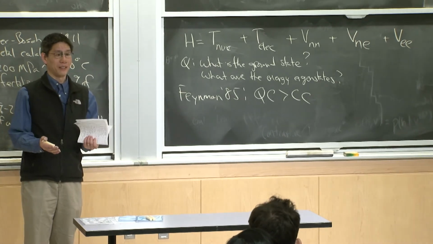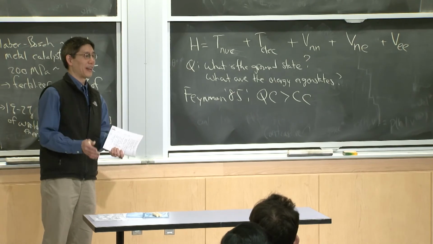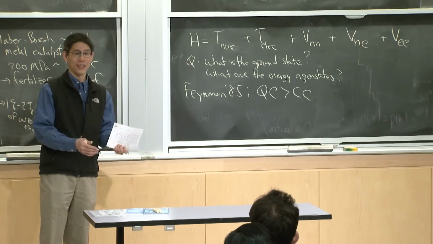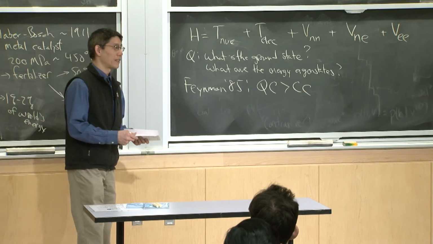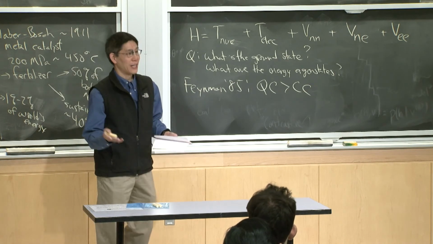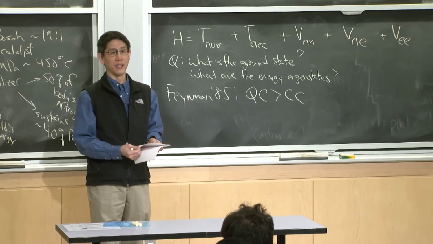Fundamentally, this is because the quantum computer is executing the same dynamics as the quantum system that you're interested in solving and simulating. And then the challenge is to take the quantum dynamics of your quantum computer and map those into the quantum dynamics of the system that you would like to simulate.